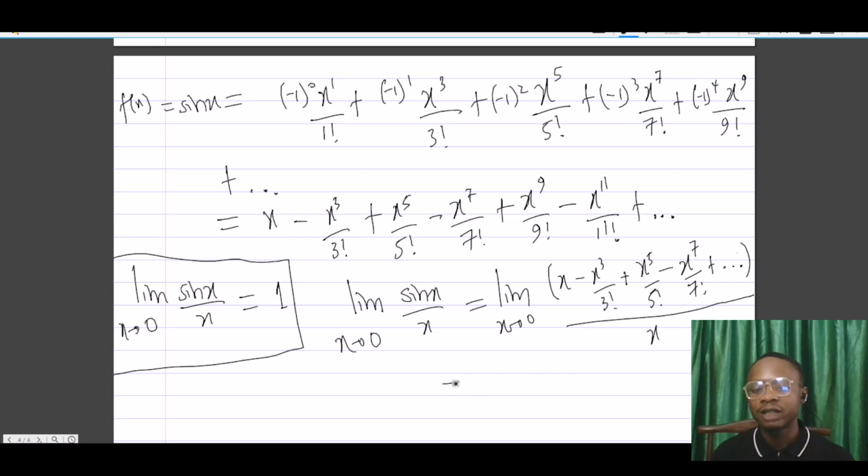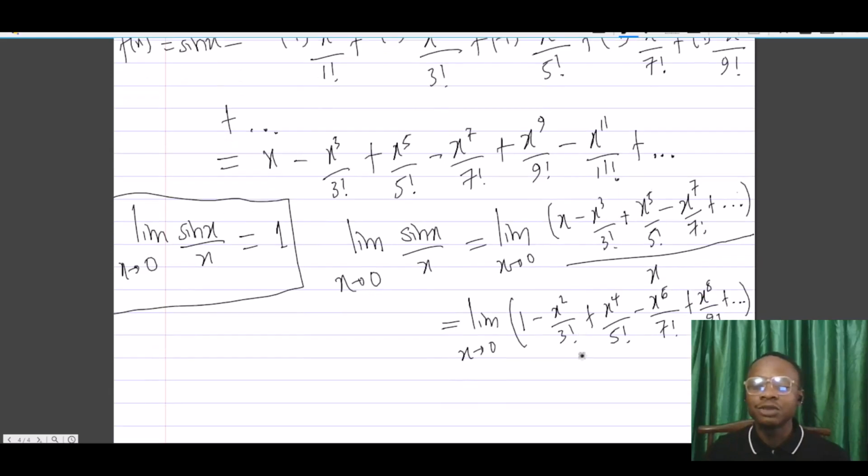When this is divided by x, it is quite obvious that the limit as x approaches 0 gives us 1 minus x squared over 3 factorial plus x to the power of 4 over 5 factorial minus x to the power of 6 over 7 factorial plus x to the power of 8 over 9 factorial, and the pattern continues forever.